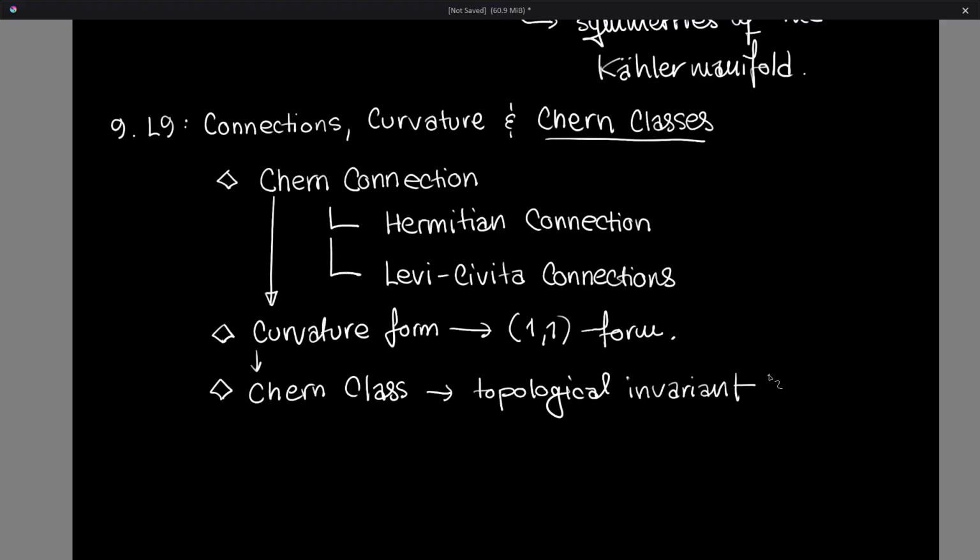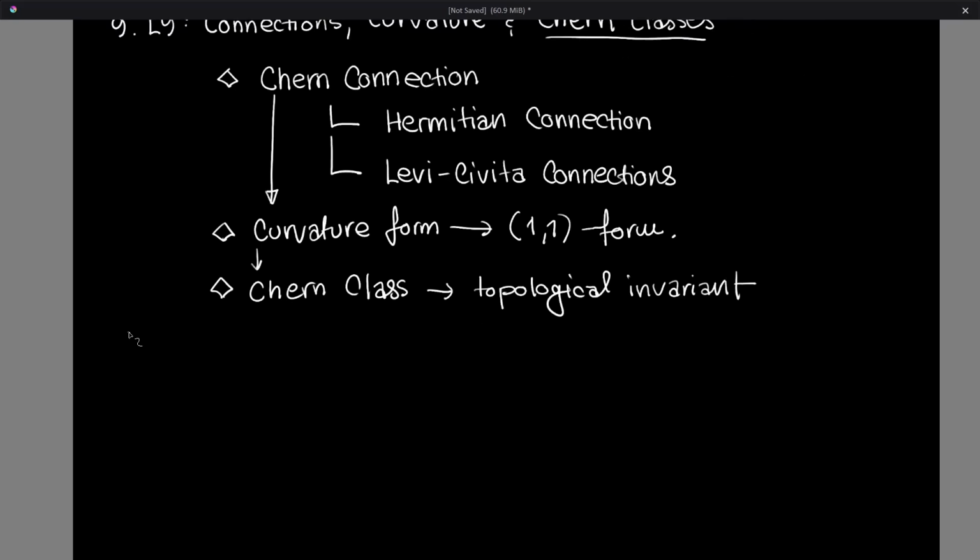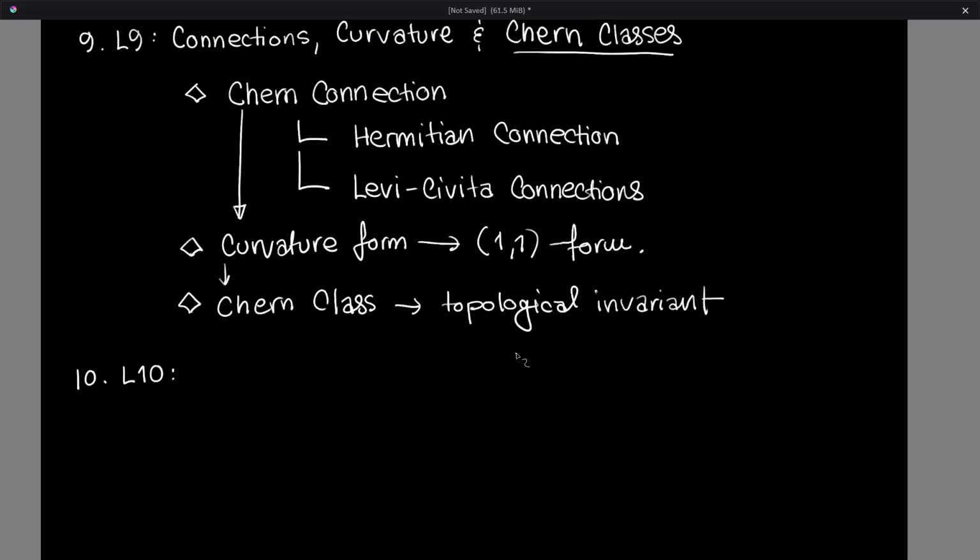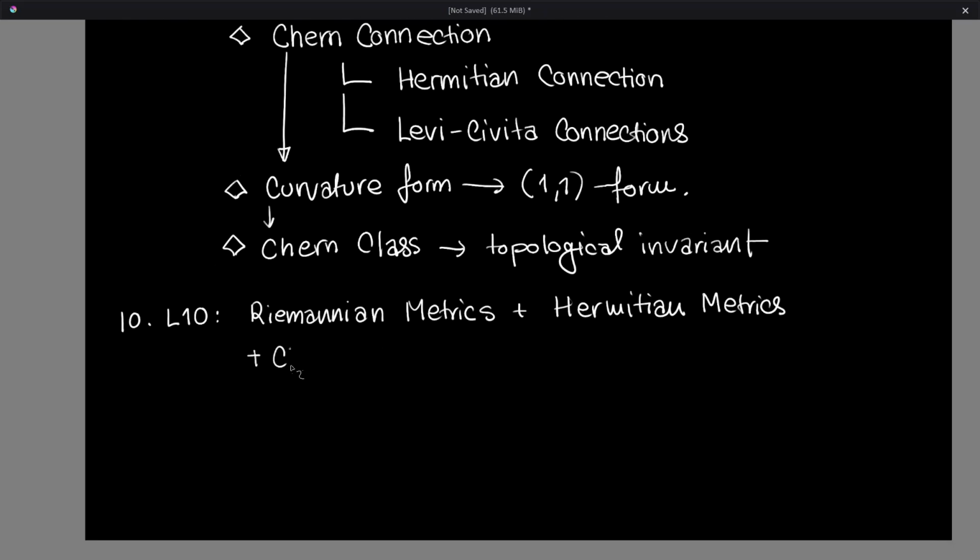And Riemannian manifolds are important to Kähler manifolds because Kähler manifolds are Riemannian manifolds. So that dovetails us into lecture 10, which is very closely related to lecture 9. With lecture 10, we talked about Riemannian metrics, Hermitian metrics, and the Chern connection, and all of these are integral to defining and talking about the Kähler manifold.